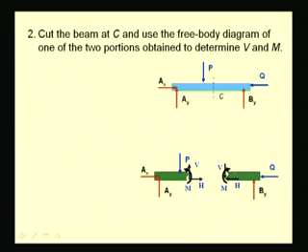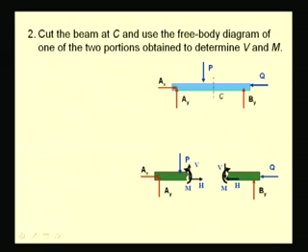In the free body diagram of the portion CB, these forces are equal but of opposite sense. Like here V is vertically upward, and in the other free body diagram it is vertically downward.